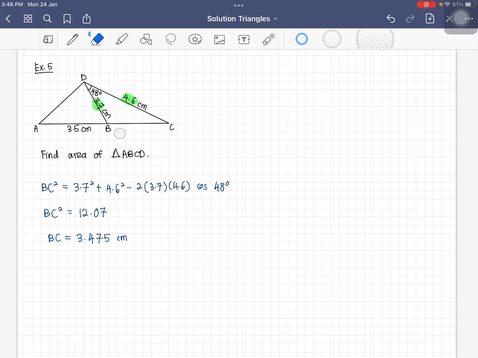Once we've got the information, we just write it down here, 3.475. So when you already have that value, you can find the length here.